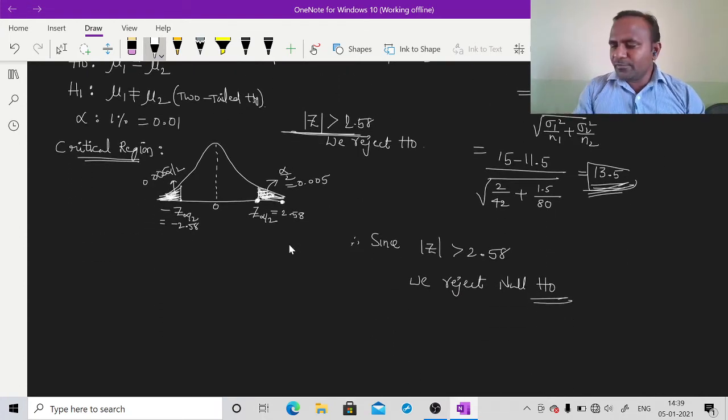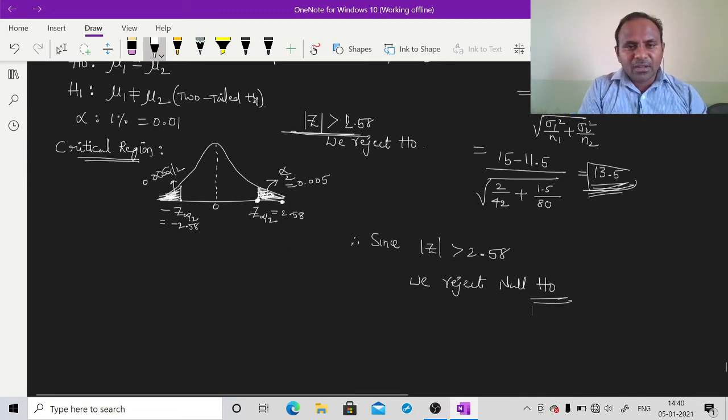I think you have an idea what the 1% level of significance means: we are confident with 99% confidence, and there may be a 1% probability that the test process is wrong.